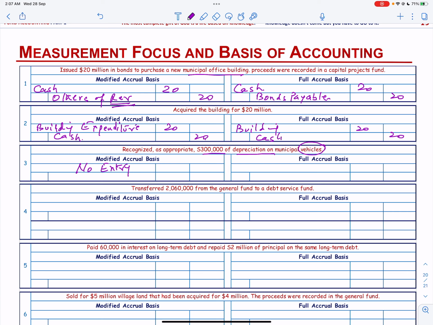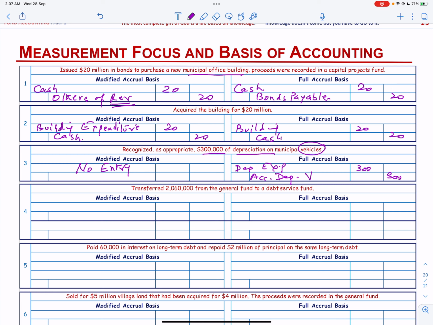Under full accrual basis, yes, depreciation expense is debit and accumulated depreciation vehicle is credit for 300,000. So that's how we do transaction number 3 under modified accrual basis and full accrual basis.